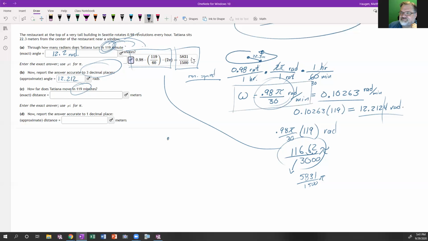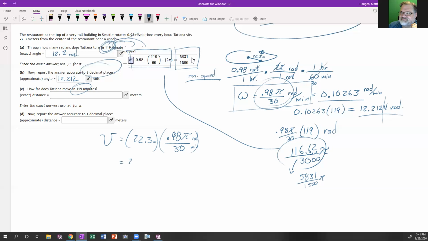The angular speed is 0.98 pi over 30. If we multiply that by the radius of this circle, 22.3 meters, and that's our radians per minute, that product gives us our linear speed, or how many meters per minute we will end up with.